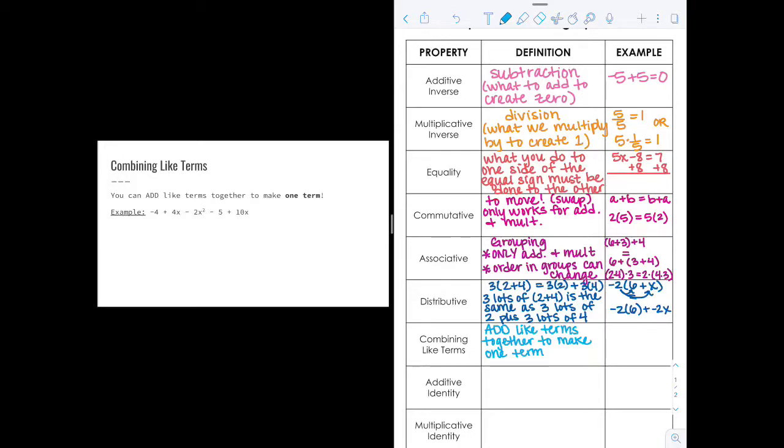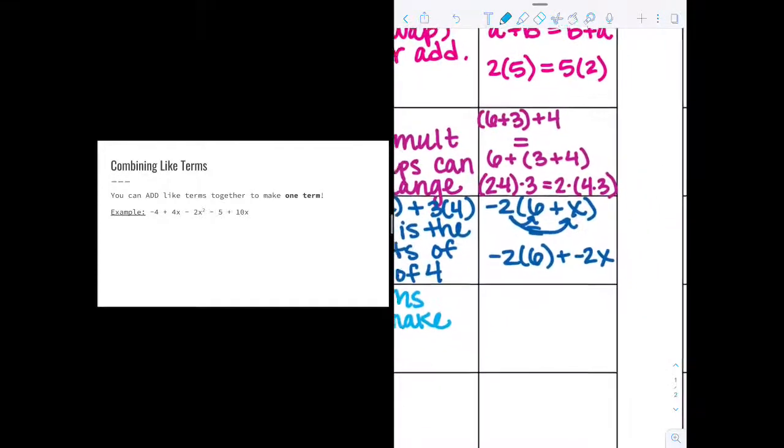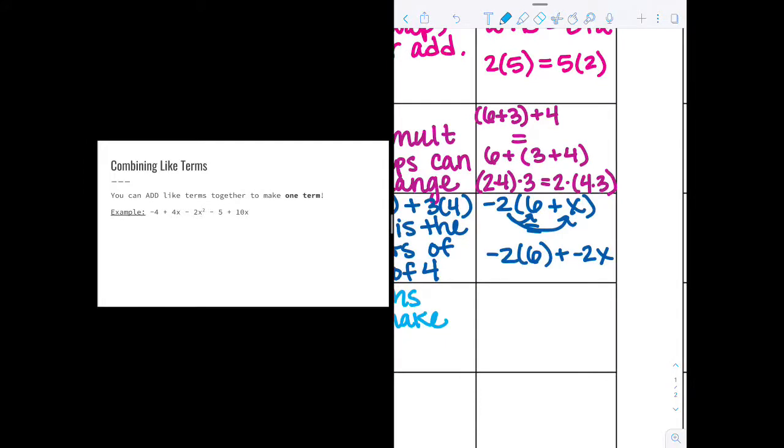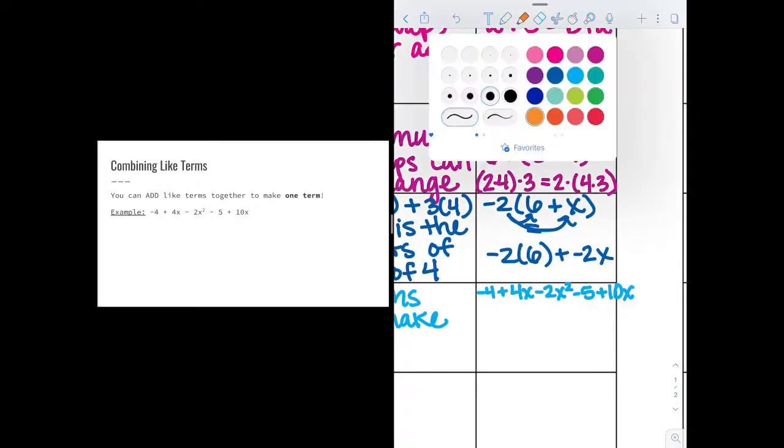So if we look at this expression here, I'm going to zoom in. We've got -4 plus 4x minus 2x squared minus 5 plus 10x. Okay, so I see a lot of different stuff going on in this expression, but I see some things that are alike.